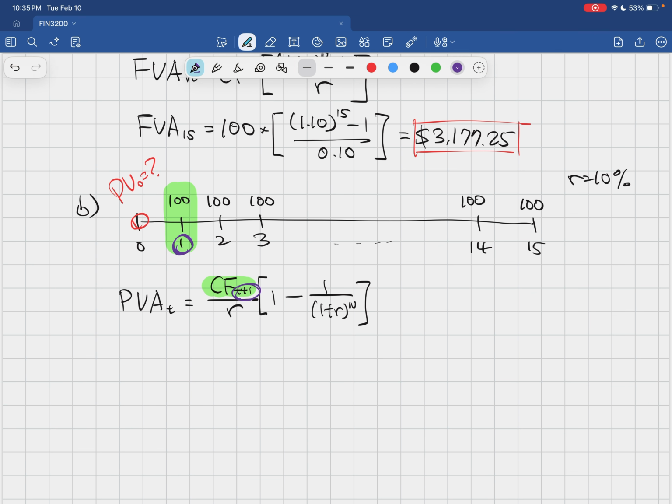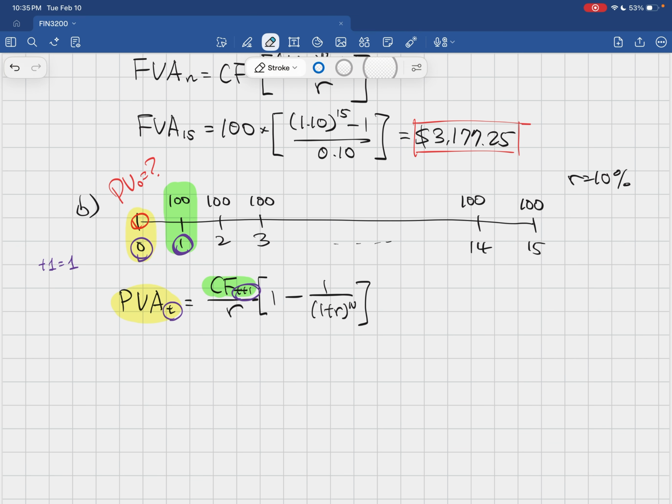I'll just write it here: t plus 1 is 1. So the PVA that we're going to calculate is 1 period prior to the first cash flow. So PVA t will be 0.